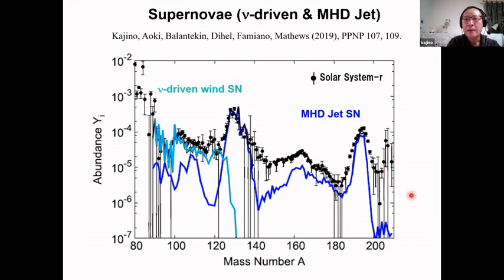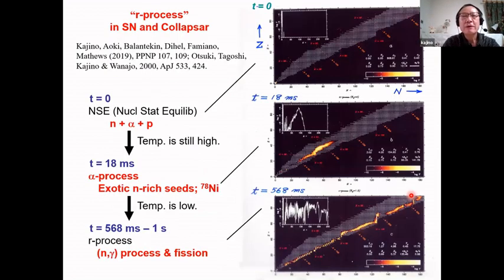And in these nuclear processes in supernovae, we know that the starting point is an equilibrium of neutrons, protons, and alpha particles. Then nuclei like nucleus-78 are created, and the rest of the neutrons are captured by nucleus-78, and then the r-process goes on.